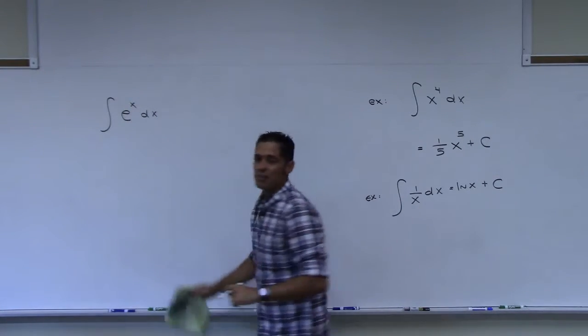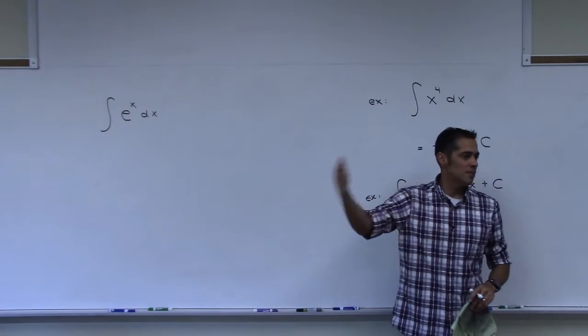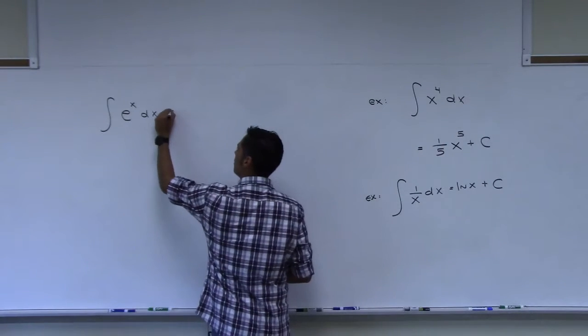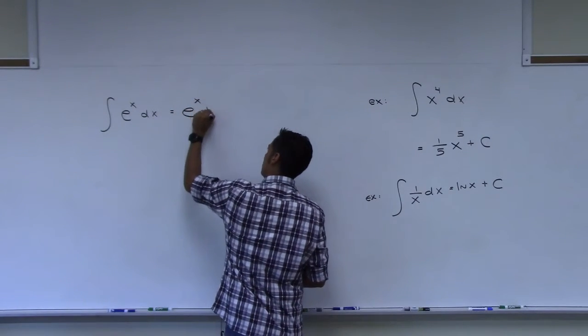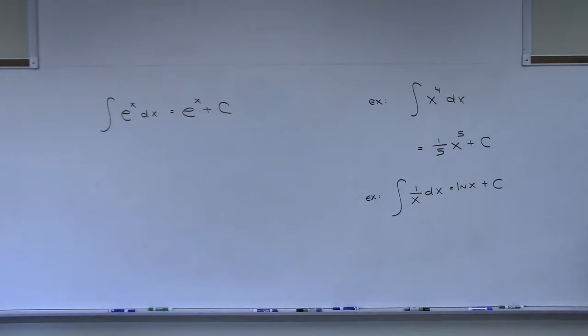That's just e to the x. E to the x was that very special one, right? When you took the derivative of e to the x, you got e to the x. So when you take the antiderivative of it, you just get itself. It's such a nice function. Plus c, though. You have to have the plus c.